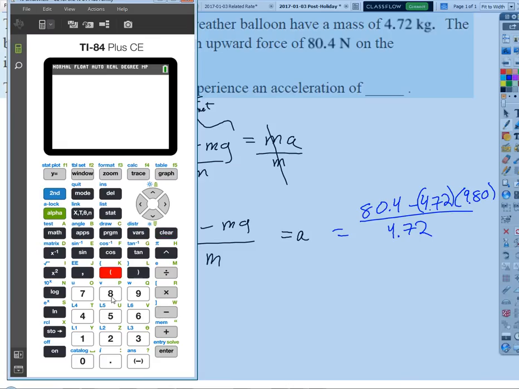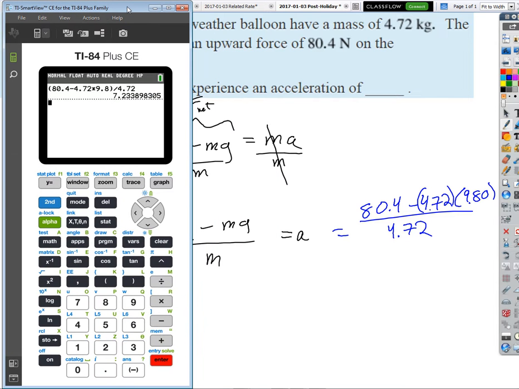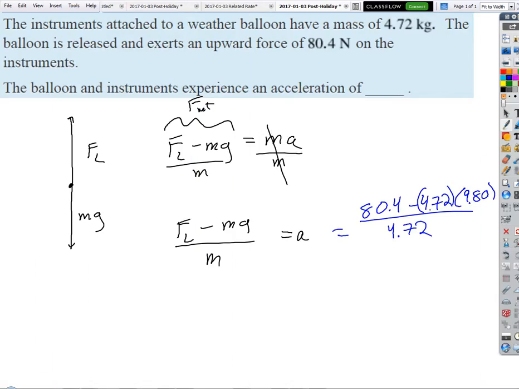We got the quantity 80.4 minus 4.72 times 9.8 divided by 4.72. Rounded to how many places? Three, it looks like. So we get 7.23. What are my units going to be for acceleration? Meters per second squared. Good.